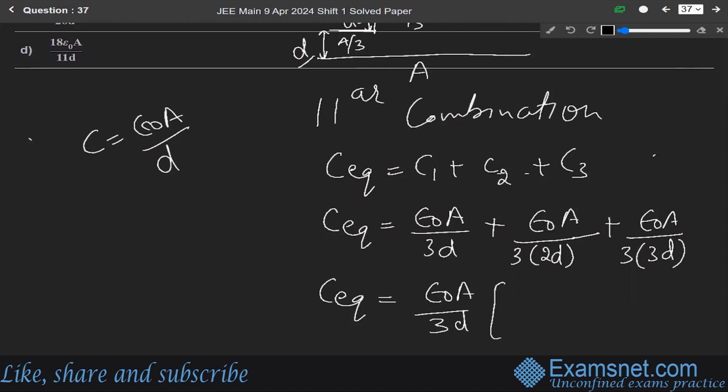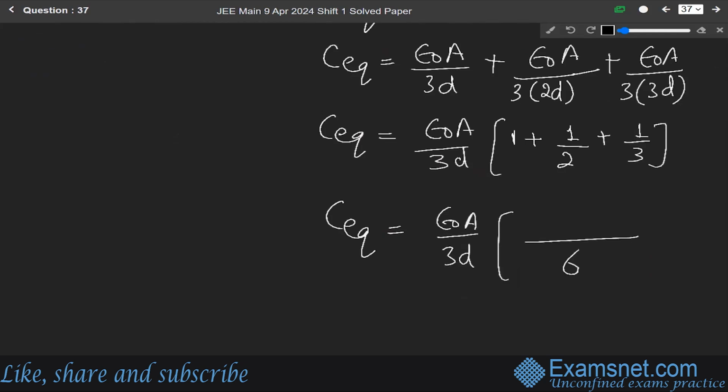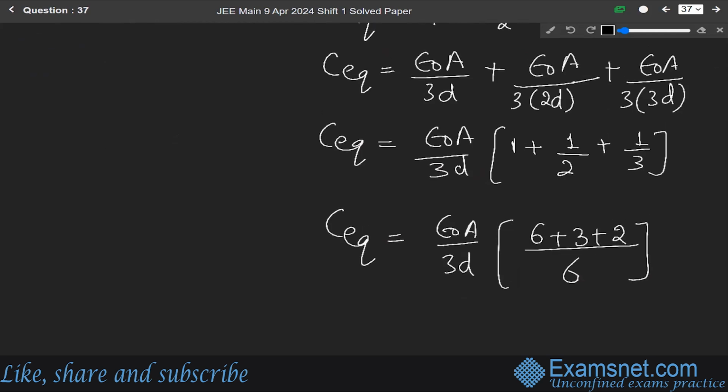It will be equal to 1 plus 1 over 2 plus 1 over 3. So solving it, we get C equivalent is equal to epsilon naught A over 3D, and 3 twos are 6, 2 threes are 6, so 6 plus 3 plus 2, 11 over 6.